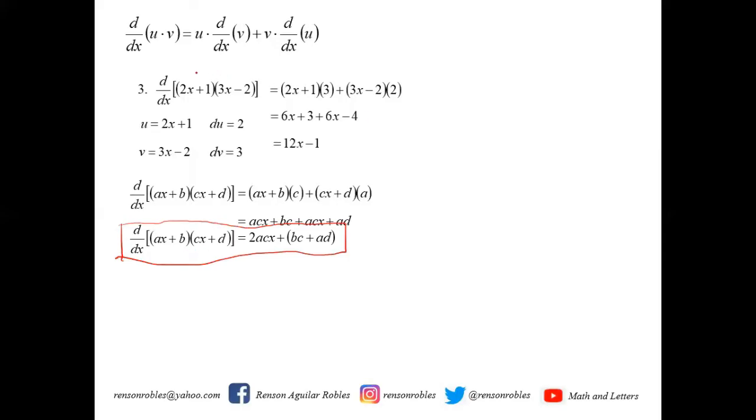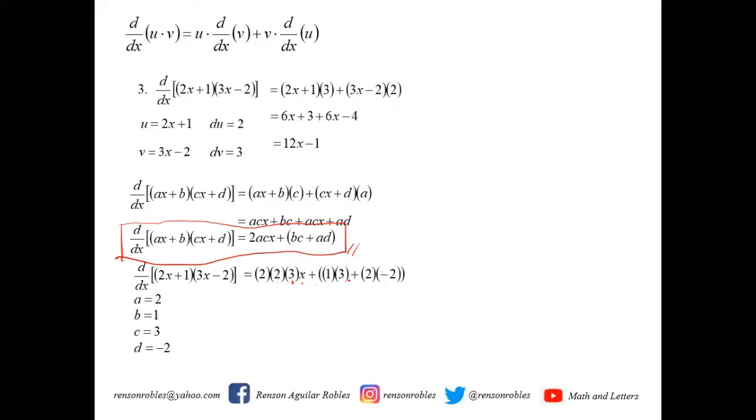Again, we shall verify this derivative. Say, derivative of 2x plus 1 times 3x minus 2. Here, a is equal to 2, b is equal to 1, c is equal to 3, and d is equal to negative 2. By applying this formula, we shall have 2 times a, which is equal to 2, okay, times c, which is equal to 3, then copy x, plus b is 1, and then c is 3.